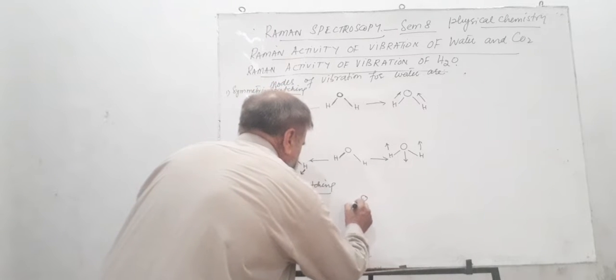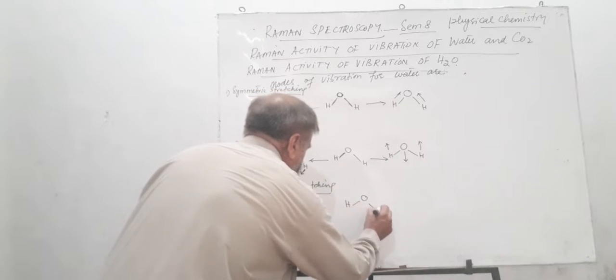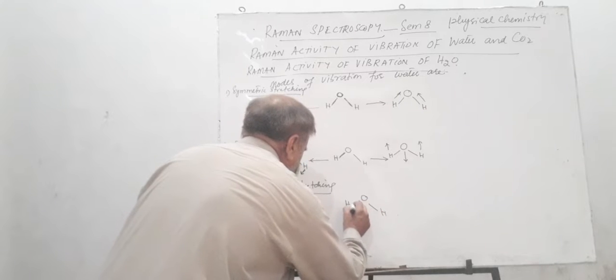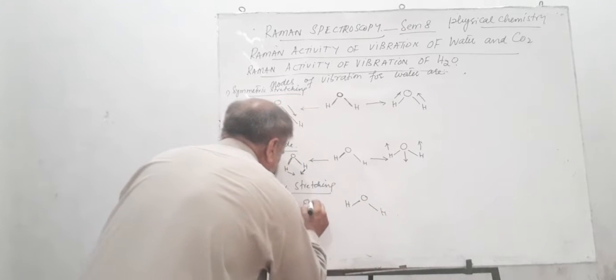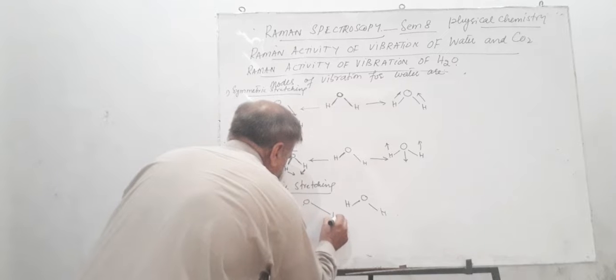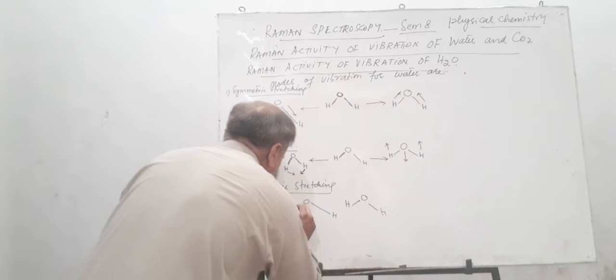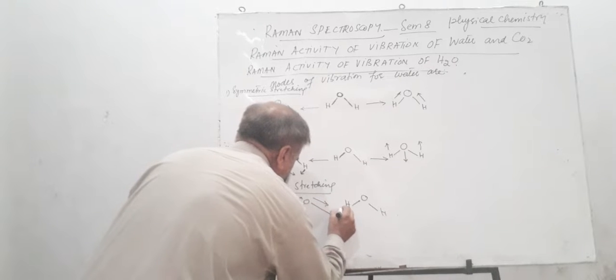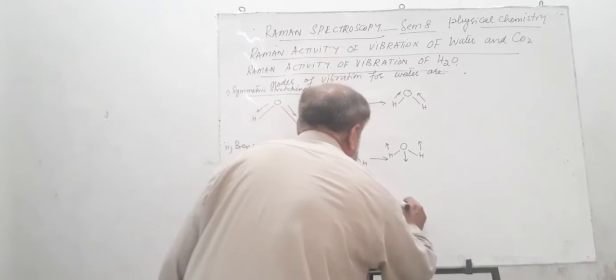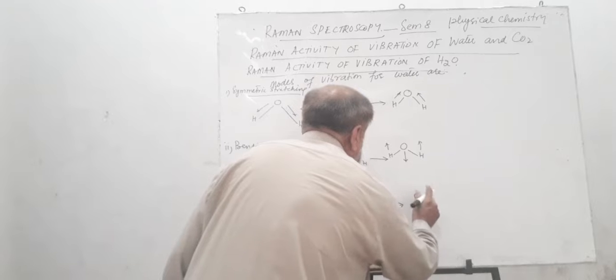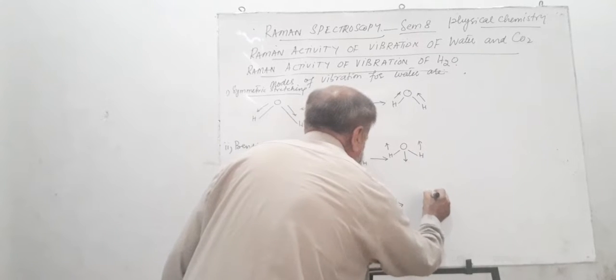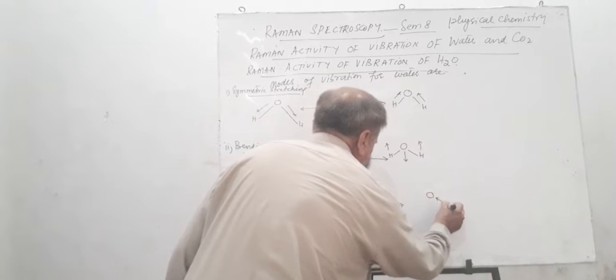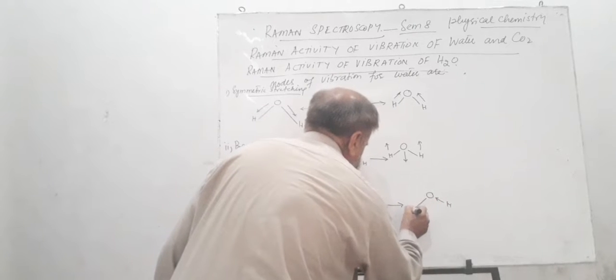And it can be shown as this bond expands and this bond shortens or compresses. And the reverse process will be that this bond shortens and the other bond expands.